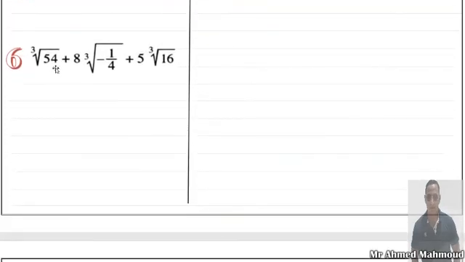The next one, here we have cubic root 54. I explained cubic root 54 before. Okay, cubic root 54 equals 3 cubic root 2, and 8 cubic root negative 1 over 4.